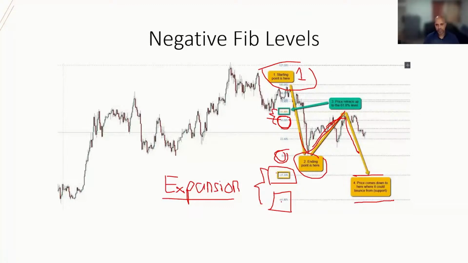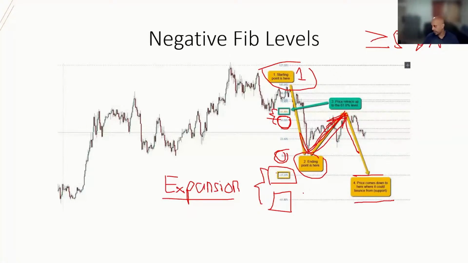The key criteria is that the retracement has to come up to at least 50%, even better if it comes all the way up to 61.8. And then as it reverses to drop lower, the expansion levels are likely to function as significant support.